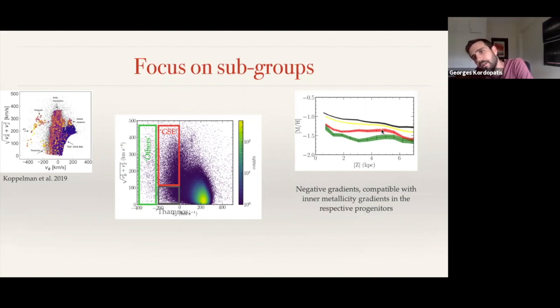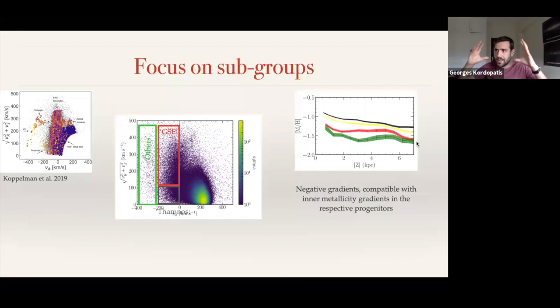But what we can say already from those negative metallicity gradients is that those are compatible with an inner metallicity gradient in the progenitor. Let me pause here and explain in a hand-waving way how things would happen.